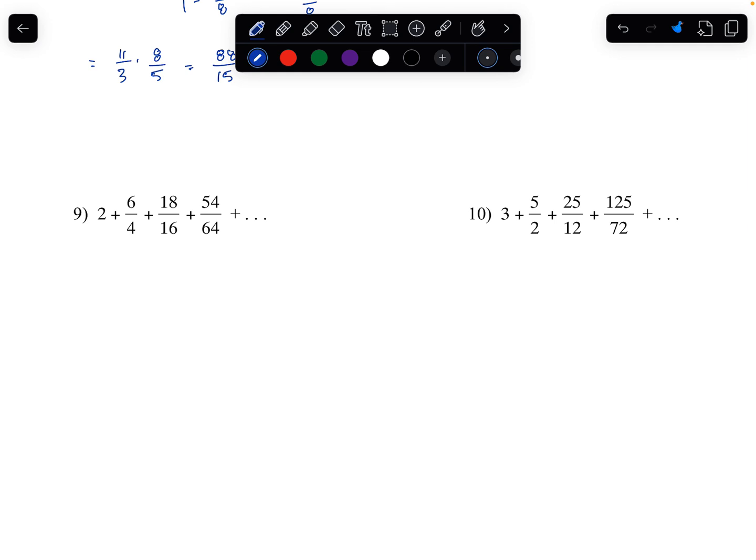Let's do 6/4 divided by 2, which would be 6/4 times 1/2, which would be 6 over 8, which would be equal to 3/4. Divided by 2, divided by 2. So I think this is equal to the ratio. The ratio is equal to 3/4. Yeah, that looks right.